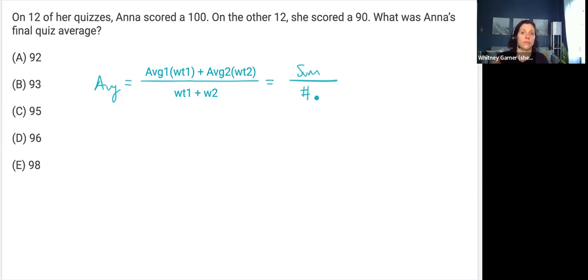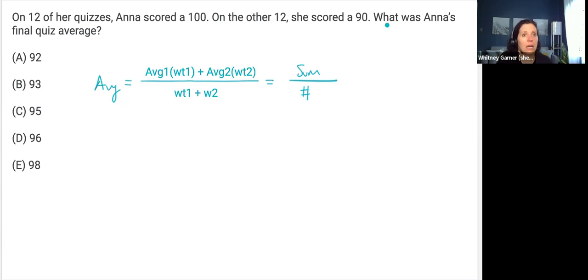We move into the world of a weighted average when we're bringing together, at least on this test, two different subgroups, and we want to know something about the average as a whole of everyone together. So the average of her first tests, the average of her second tests, what's the average of all of the tests when they're brought together.